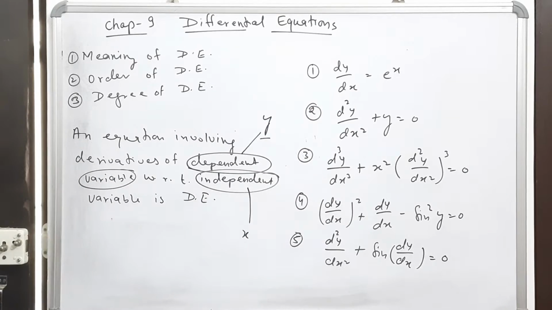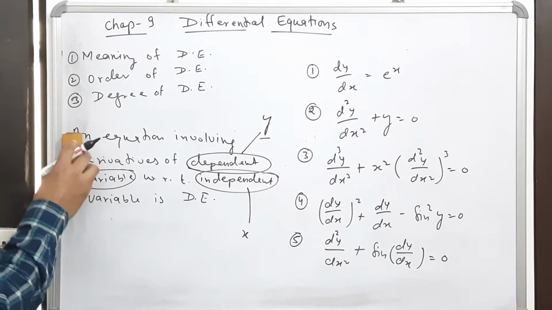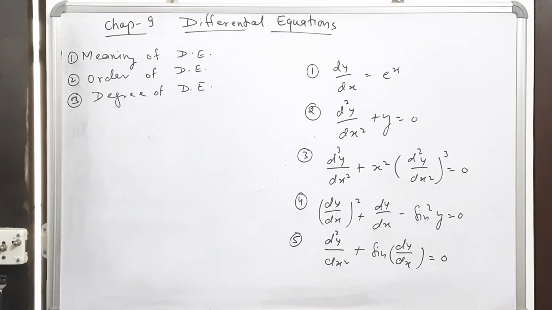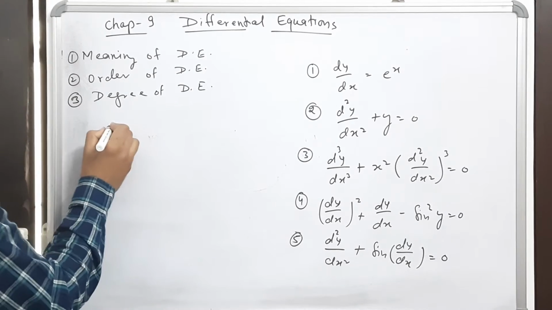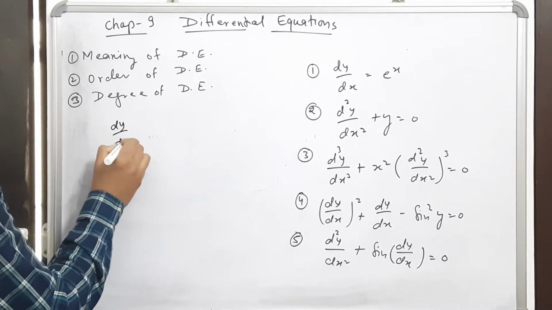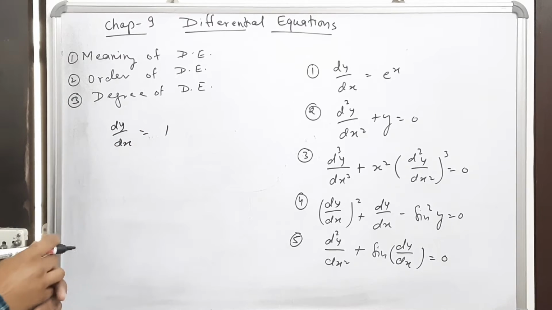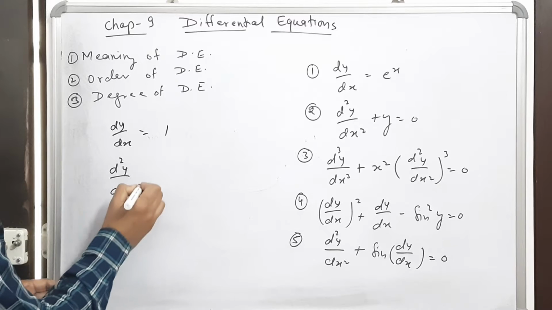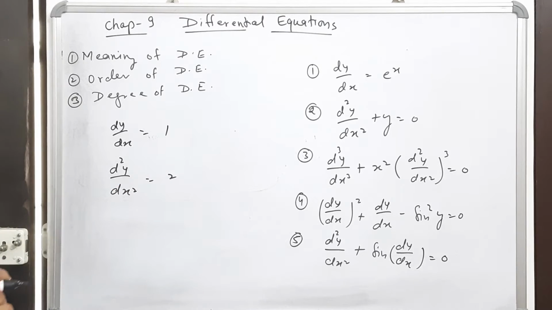Now the second part is the order of the differential equation. If the differential equation contains dy by dx, then the order is 1. If it contains d2y by dx square, then the order is 2.